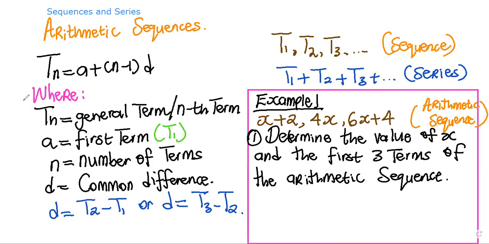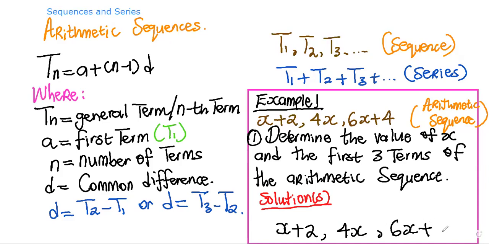Now, as part of your solutions, you can just write it like this. So you now have x plus 2, you also have 4x, and you also have 6x plus 4.